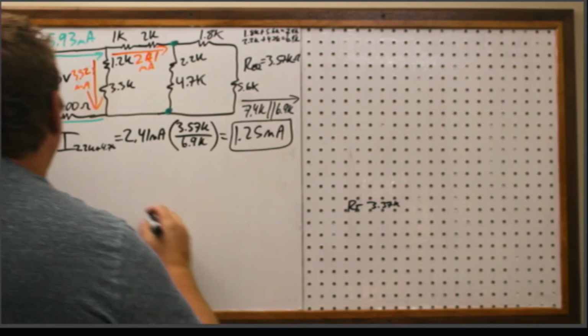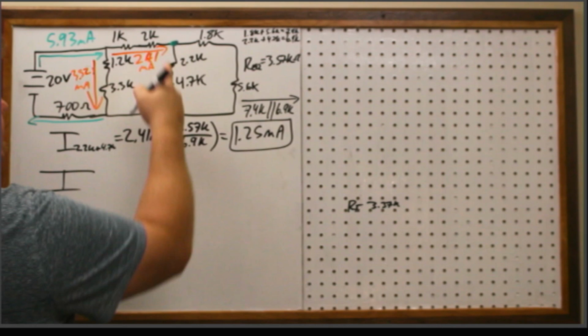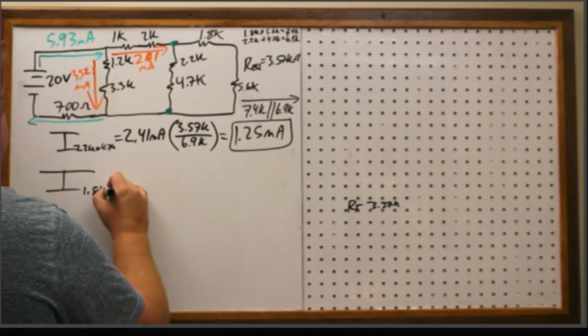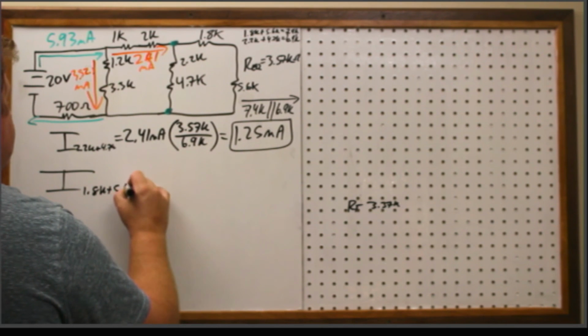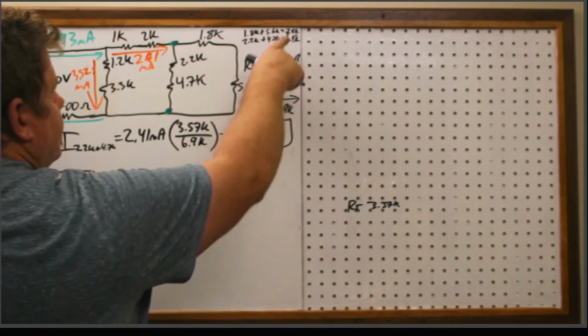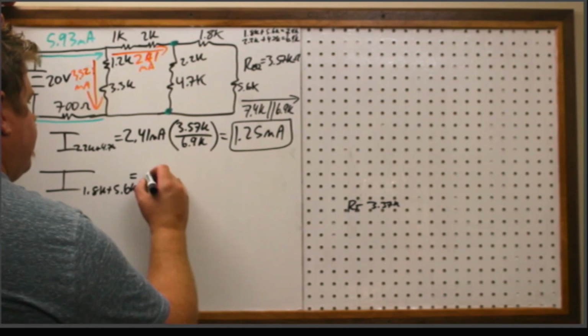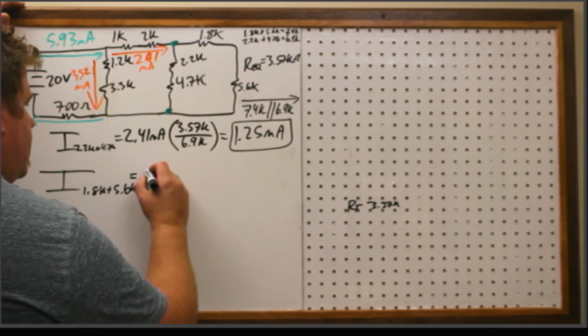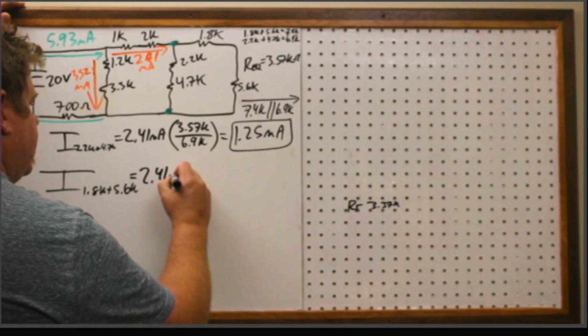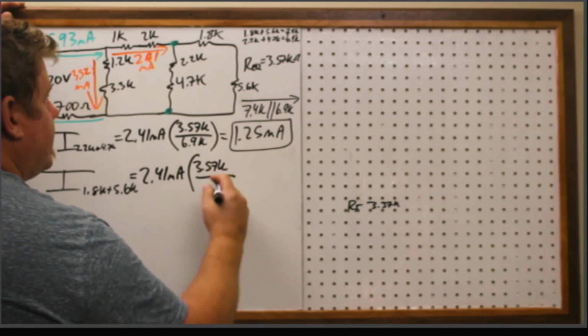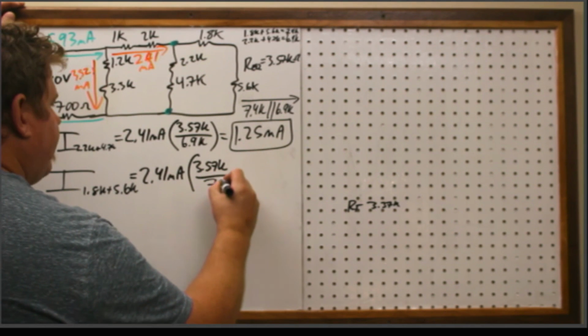Okay. Now for the other branch, that's the 1.8 and the 5K. And that one added up to what? 7.4. Okay, so 2.41 milliamps times 3.57K over 7.4K.